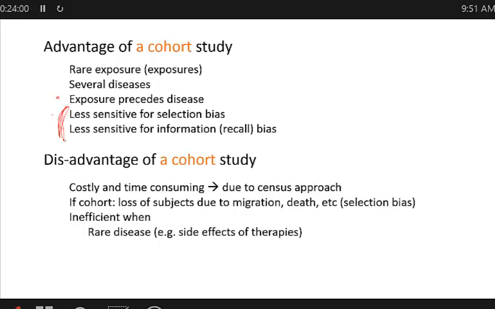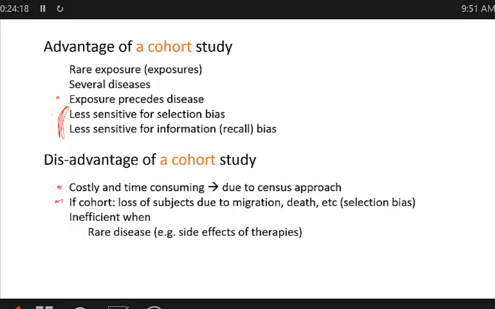Okay. And a disadvantage of a cohort study, and this is again for prospective cohort study, since you are collecting data over time, it may be costly and time consuming, especially for rare disease. Okay.